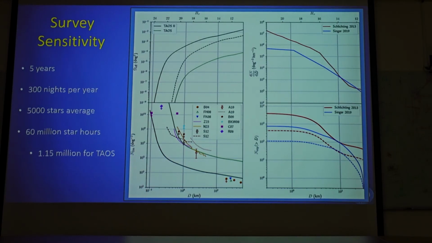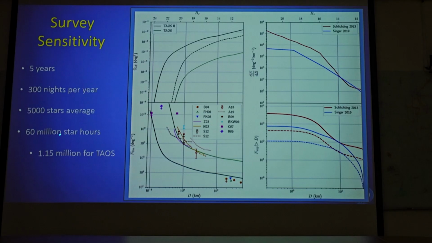So here's the very rough survey sensitivity that we derived. We use the parameters listed here: 5 years and 300 nights with 5,000 stars.